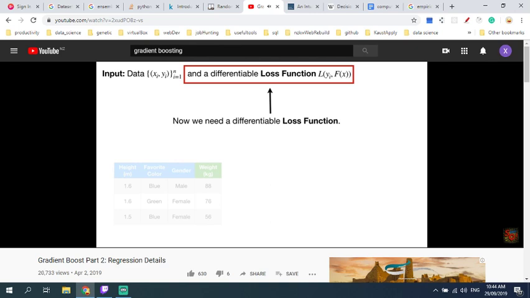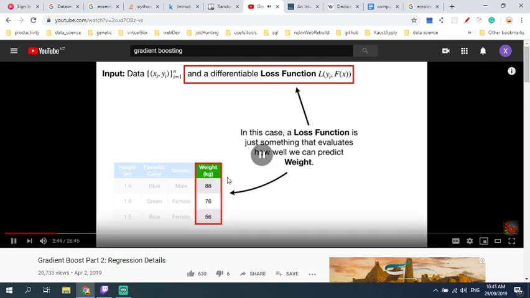Now we need a differentiable loss function. In this case, a loss function is just something that evaluates how well we can predict weight.